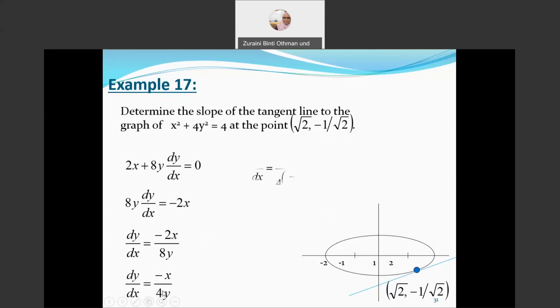Then we just substitute it into this dy over dx, and we get the slope for this particular point. Okay, so substitute. So we get the slope is 1/2. This is the application of implicit differentiation in how to find a tangent in one shape.